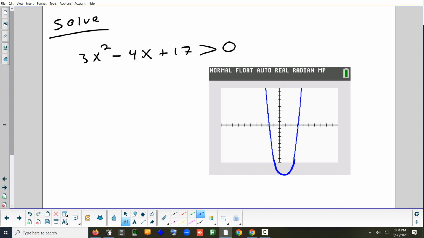All right, so we're looking for where this one is greater than 0, so above the x-axis. How many sections of this graph are above the x-axis? 2. Yeah, there's really 2 separate sections. You can think of this as section 1, and that is section 2.